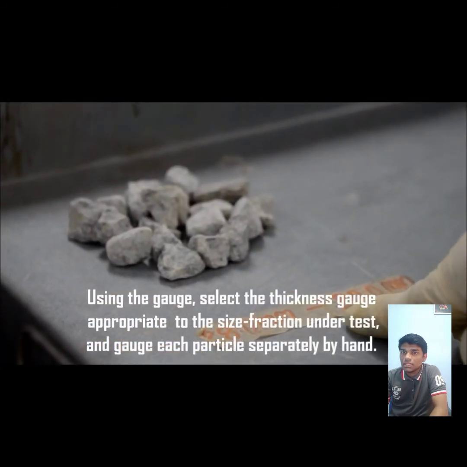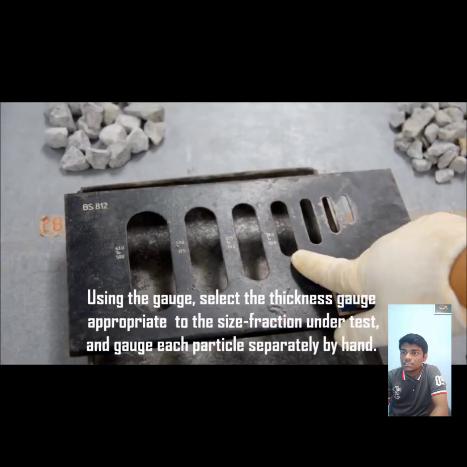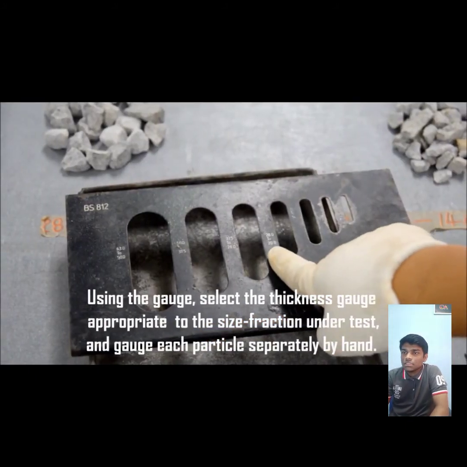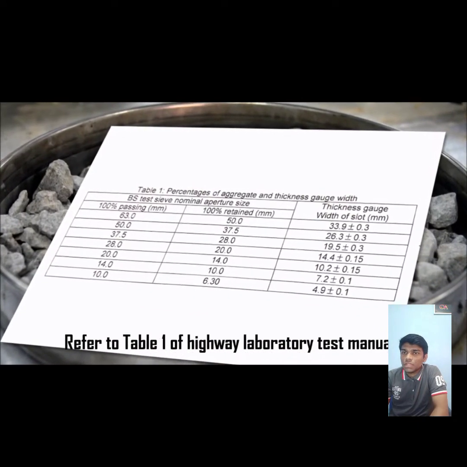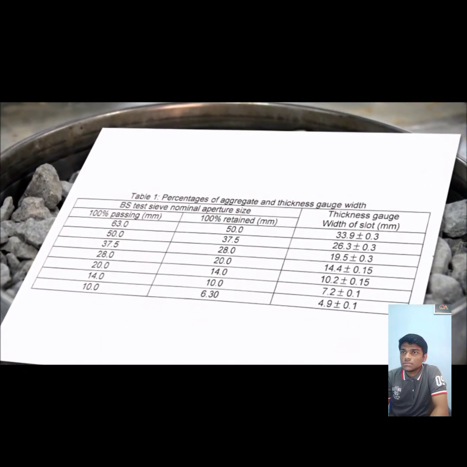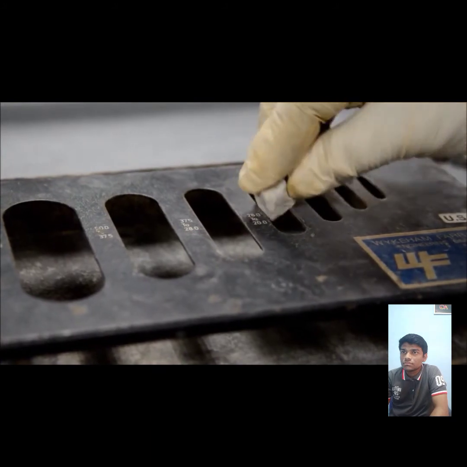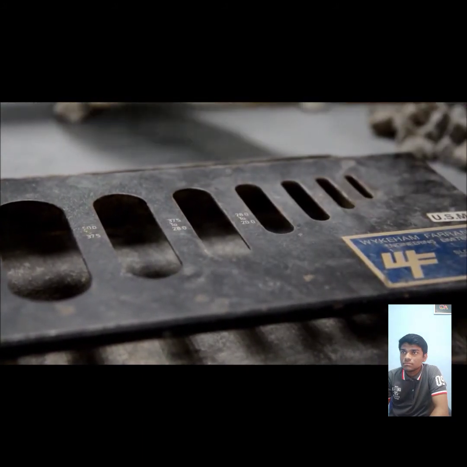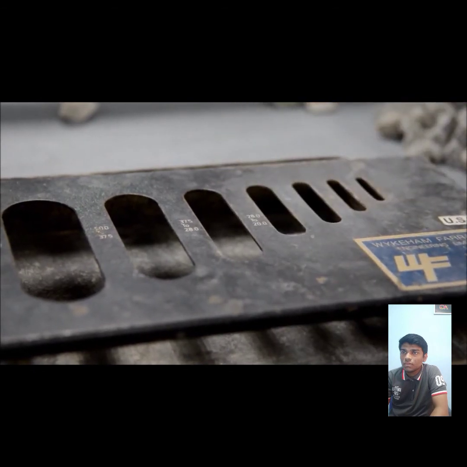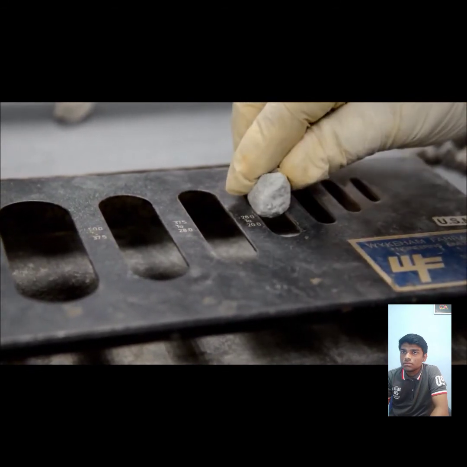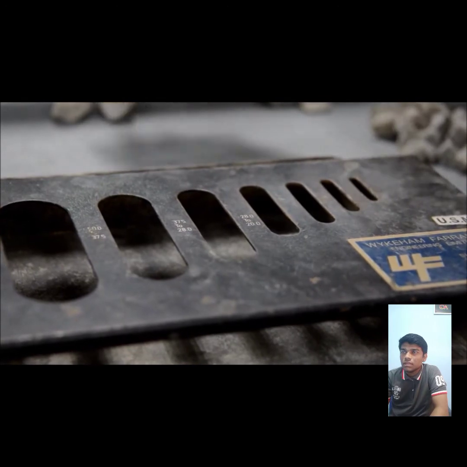Using the gauge, select the thickness gauge for the size fraction under test and gauge each particle separately by hand. Reference Table 1 of the Highway Laboratory Test Manual. So test the aggregate.